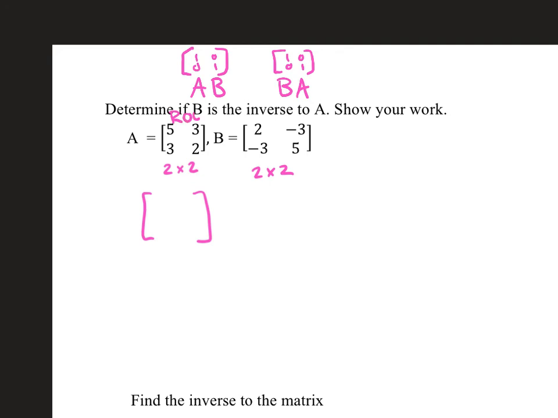Remember, in our first one, we move in rows. The second one, we move in columns. So we need to multiply the first row times the first column. So it's 5 times 2, 10. And 3 times -3? -9. So it's 10 minus 9, 1.